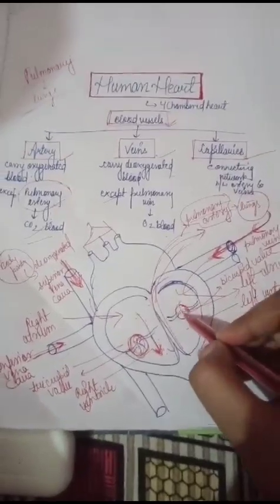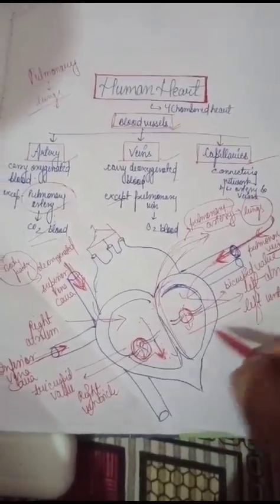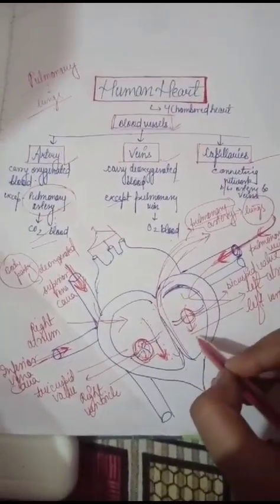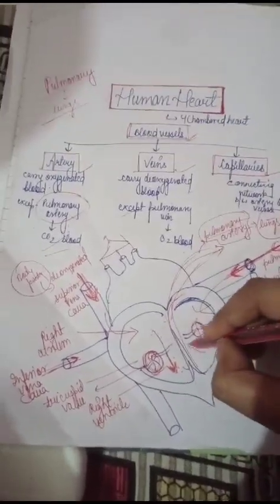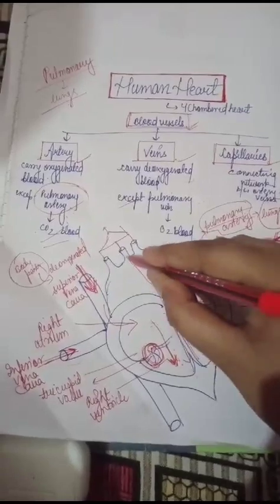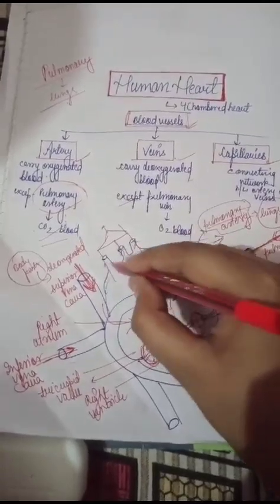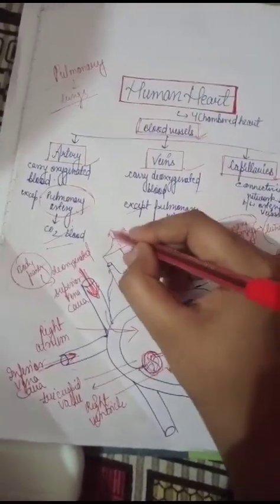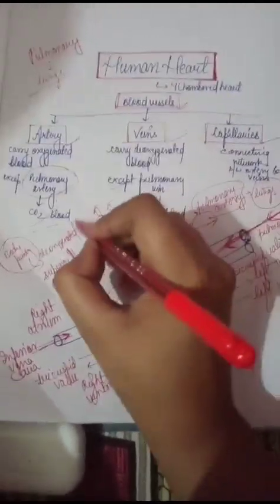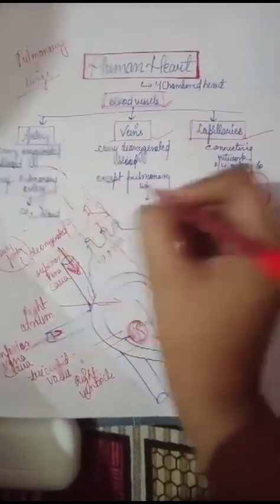Then with the help of the bicuspid valve, it goes to the left ventricle. Then after that, through the aorta, it again goes to all body parts.